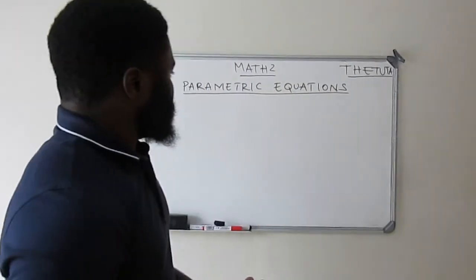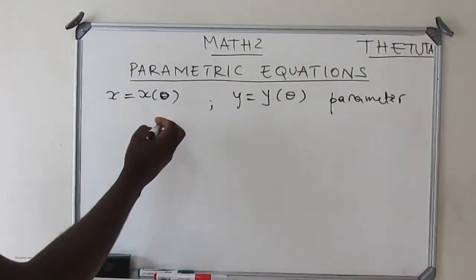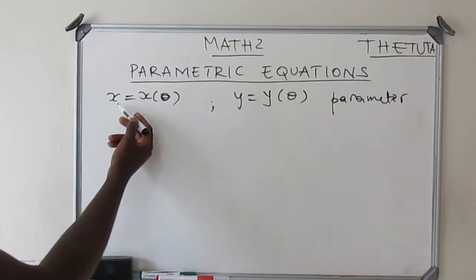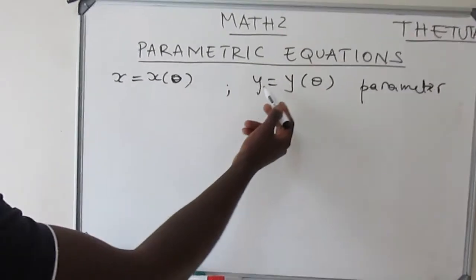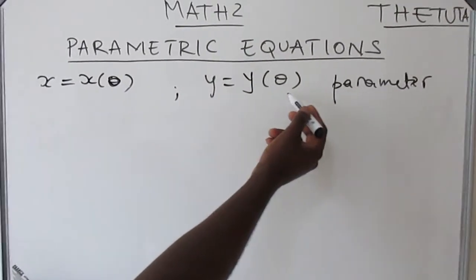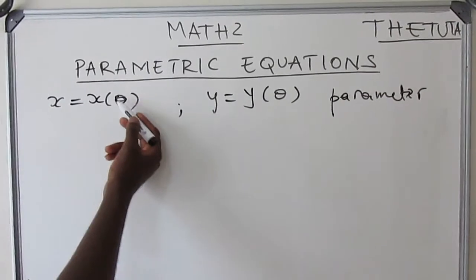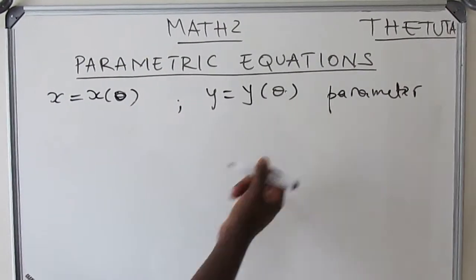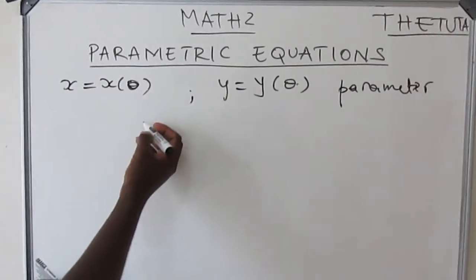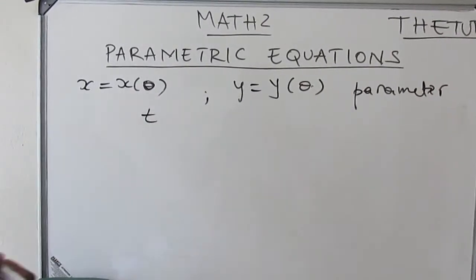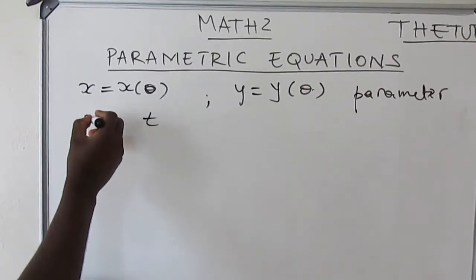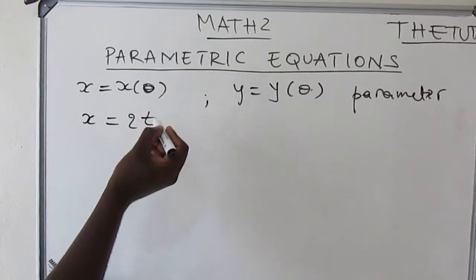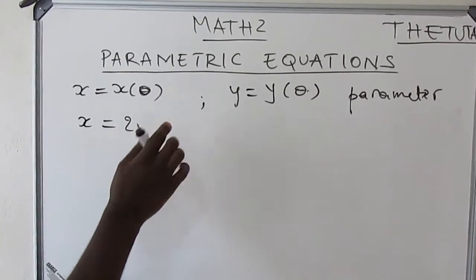Let's say you are given, for instance, x is equal to x of theta and y is equal to y of theta. Okay, this third variable here, theta, is a parameter, but sometimes it can change to t. You can see that maybe you are given x is equal to 2t, or in some other books they can say 2 theta.